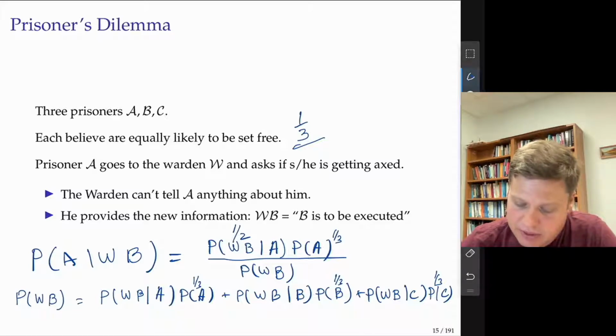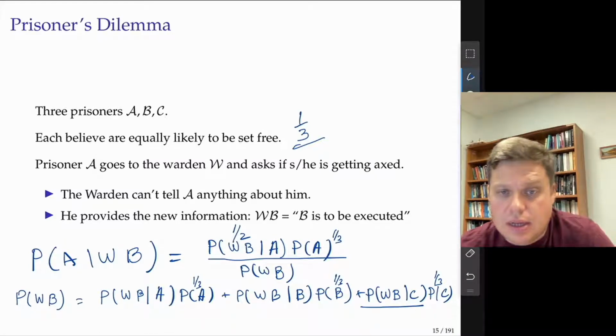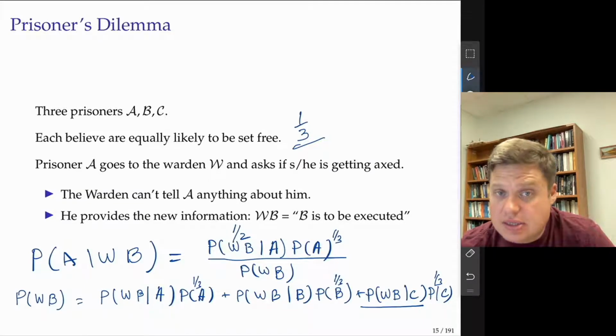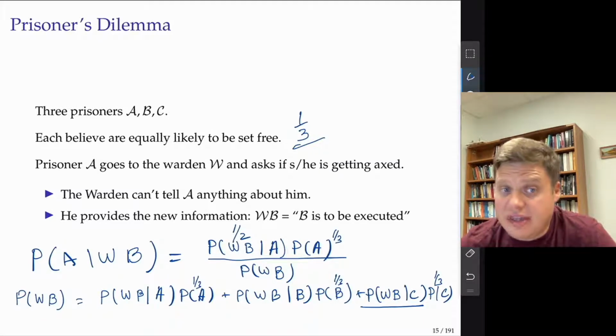Now let's think about this probability: the probability that the warden talks about B given that C is to go home. In this case, if C is to go home, and the warden tells something about C, meaning the warden says C is to go home, A will know right away that A is to be executed, meaning that the information about A has been conveyed to A himself, which is against the rules.